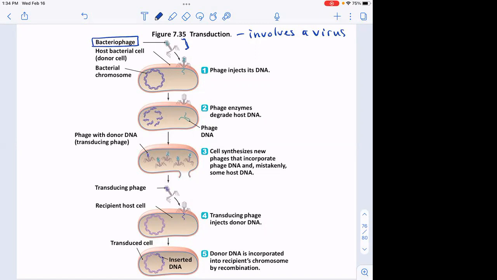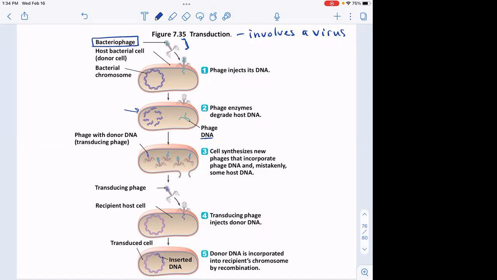But in a nutshell, a bacteriophage can land on a bacterial cell as part of their replication. When they inject their DNA, they're going to break up the host DNA. And then some of that host DNA could accidentally get packaged in with the phage DNA when it lyses out of the cell.